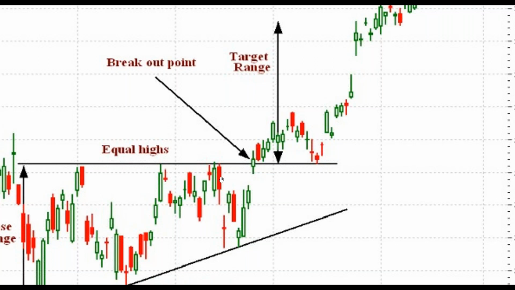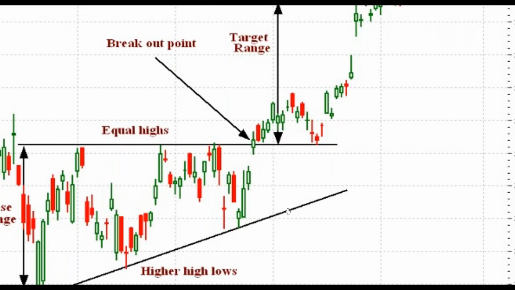So on that indication, I could say, okay, this is clearly a failure to extend higher, so I can go short with the floor at my trend line. So a short position with target at the trend line.